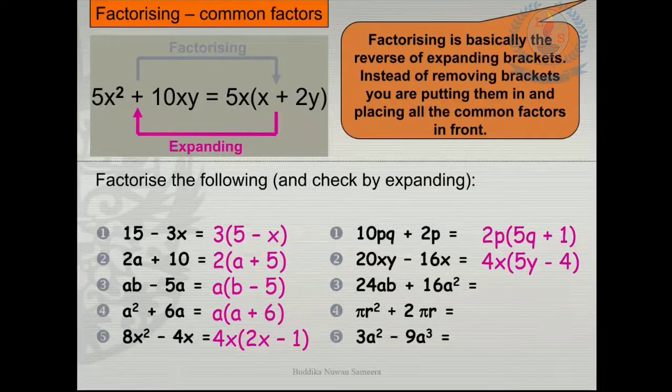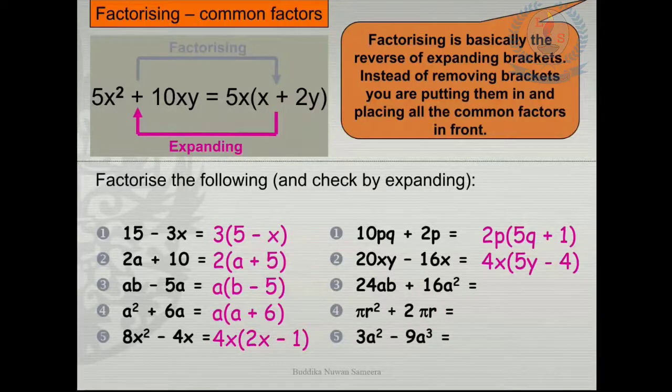Third one, 24ab plus 16a square. Like earlier, for 24 and 16, 4 is a common factor. Sorry, not 4, 8 is a common factor because 24 and 16 are both divisible by 8.